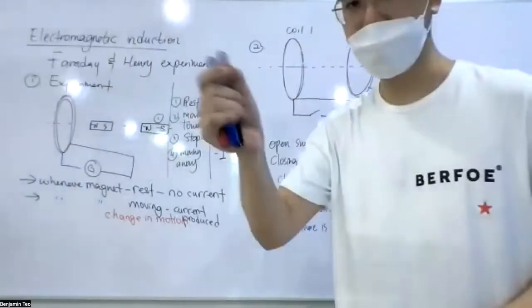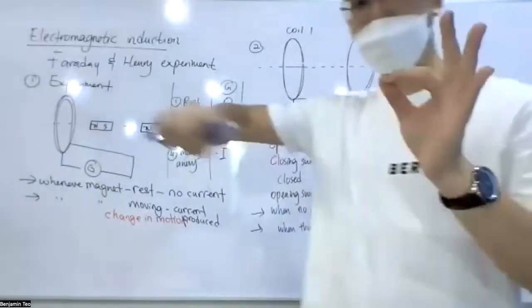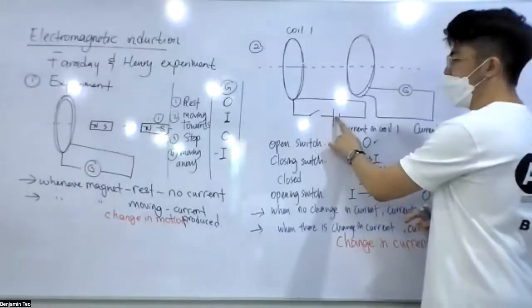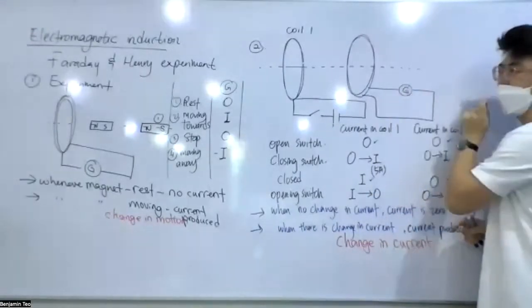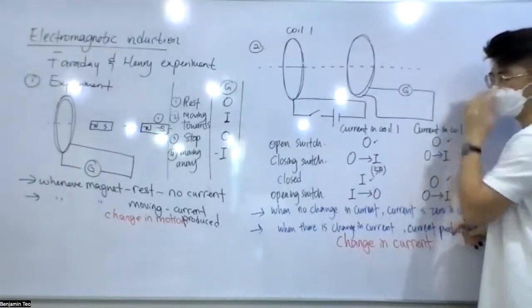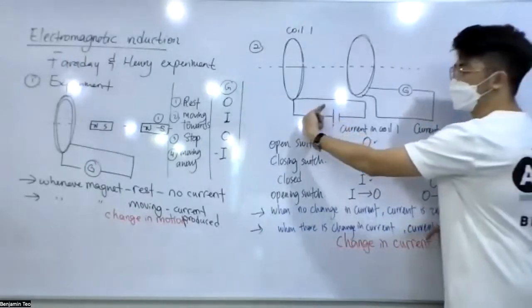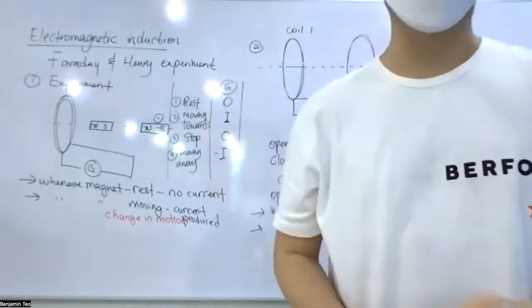Because you know AC current, the graph is like a sinusoidal graph, that is a changing current. So if you change this battery to an AC source, then you will see the reading deflection over here. So two ways you can produce change in current: change to AC or simply by opening and closing the switch. But that is just temporary.